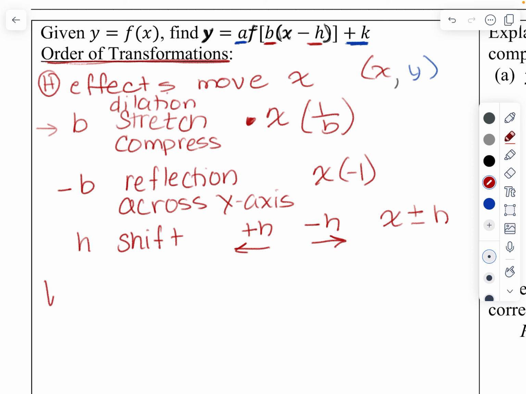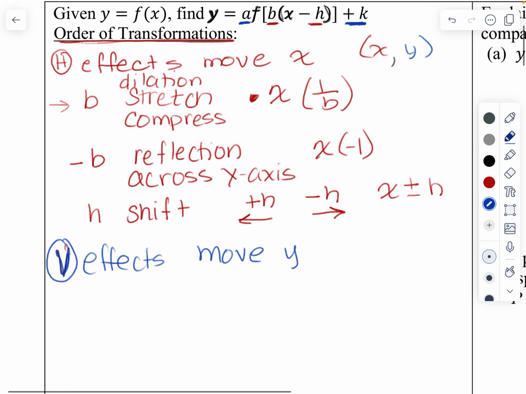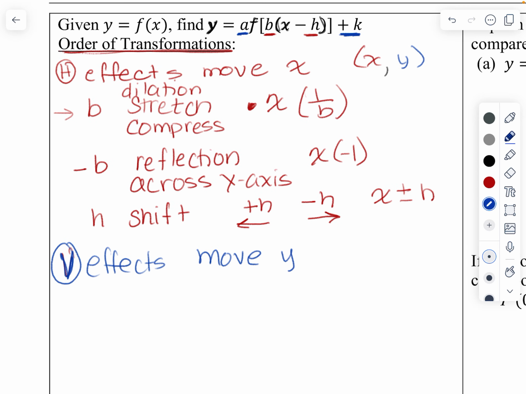Now let's go to our vertical effects. Those are going to move your Y component in your ordered pair, and then here's the order that you're going to be doing that. We're going to start with A. Okay, that's the number out in front.